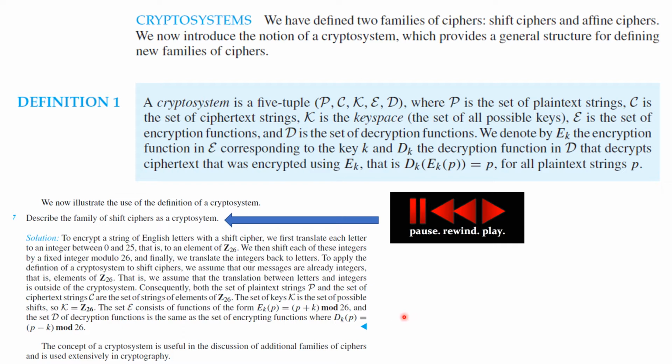The set of script E consists of all the functions of the form E sub K of P equal to P plus K mod 26, and the set of decryption functions is the same as the set of encryption functions, where D sub K of P is equal to P minus K modulo 26. Now, this concept is useful in the discussion of additional families and is used extensively in cryptography.